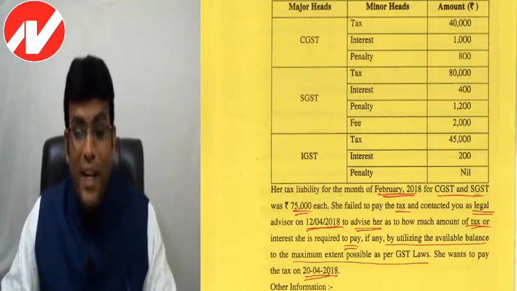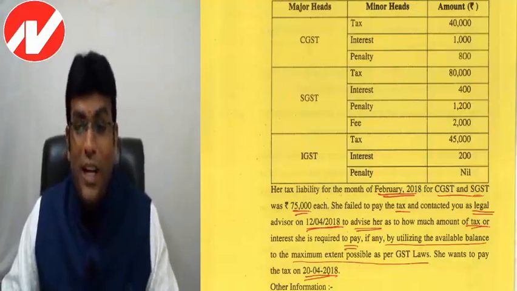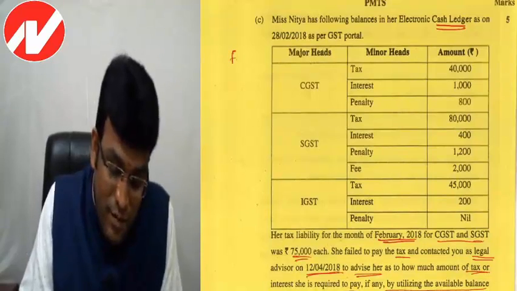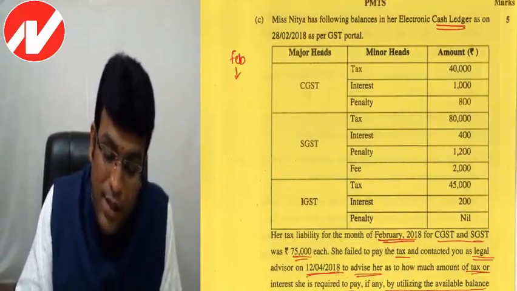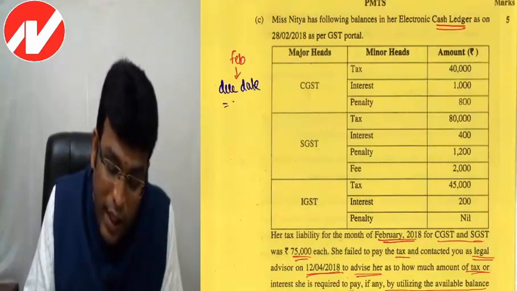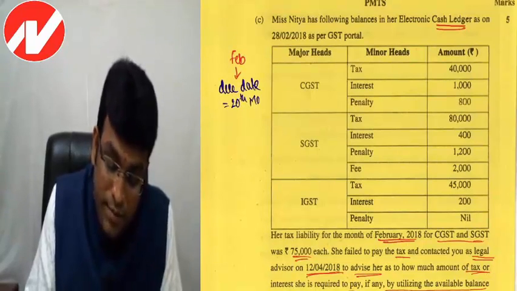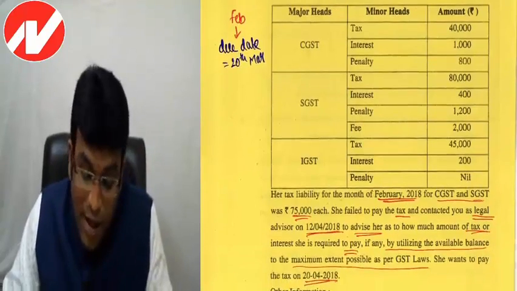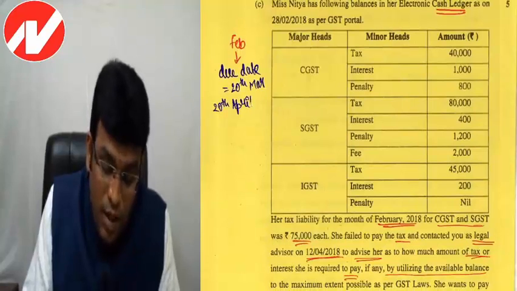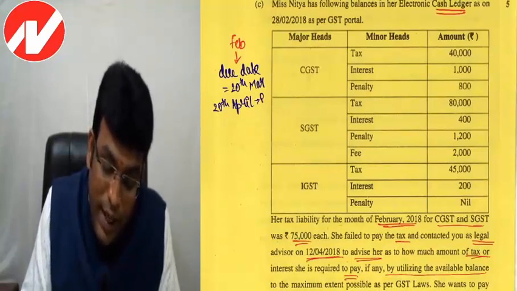So when it's February tax, obviously the due date is 20th March. But she wants to pay on 20th April.